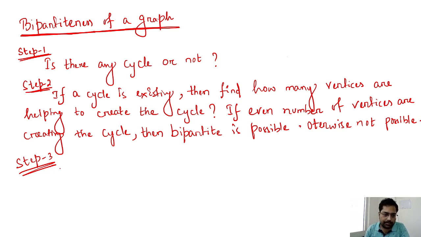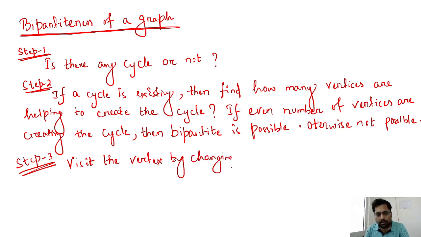So I'm writing: start visiting the vertex by changing the color to red.